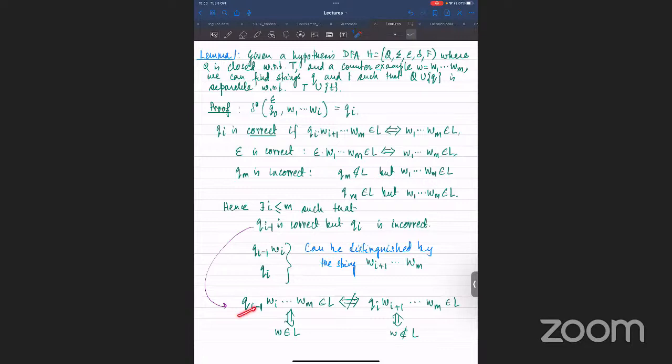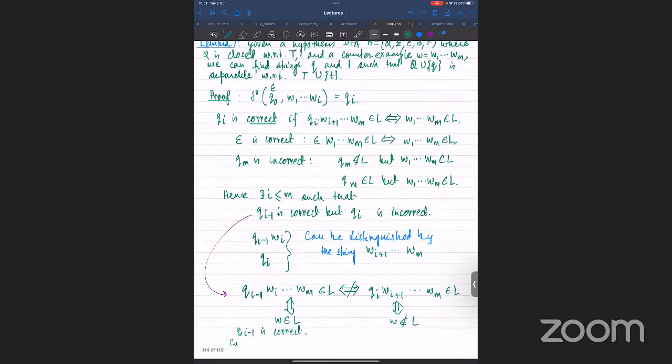Because we are saying this is correct, this is incorrect. Now suppose this belongs to L and this is correct. Then the suffix starting from here, if this is correct, then this cannot belong to L, right? Okay, maybe my notations are confusing you. It's not that difficult. All I'm trying to say is that Qi minus 1 is correct.